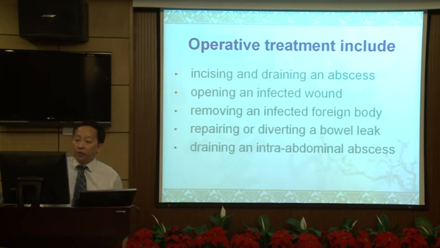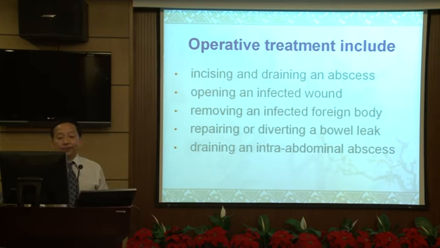The operative treatment includes incision and drainage of the abscess. The infected wound should be opened, and the infected foreign body should be removed, and a bowel leak should be repaired and diverted if the patient has a bowel leakage.